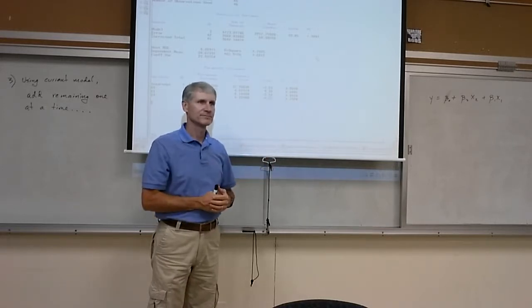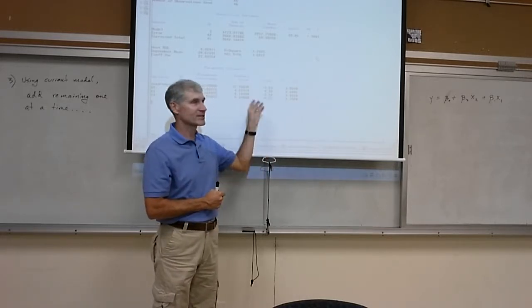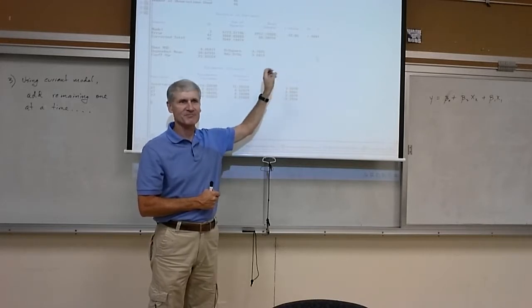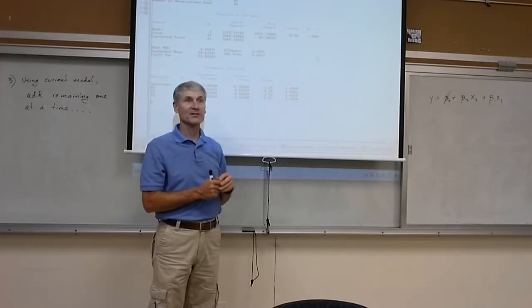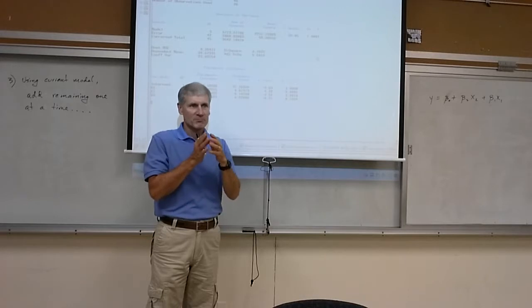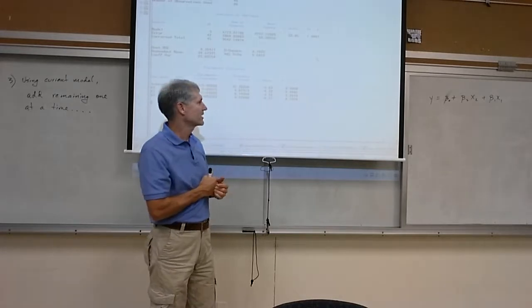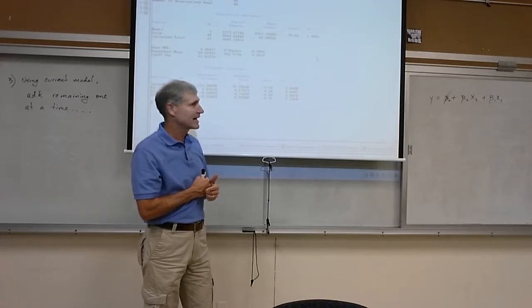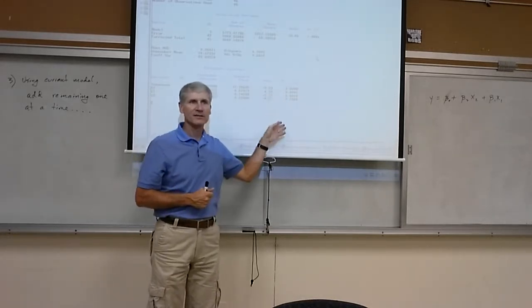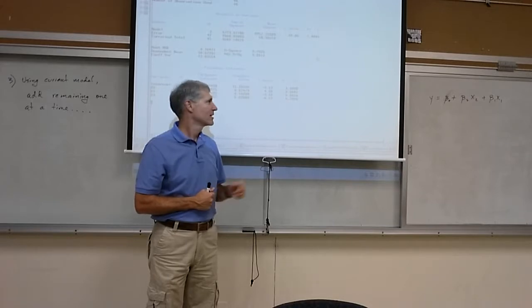Then you stop. Right? So remember the SL entry thing that I said this is an option with? That's the pre-specified significance level to enter into the model. If I enter at 0.05, then I'd be done, because none of them are significant at that.